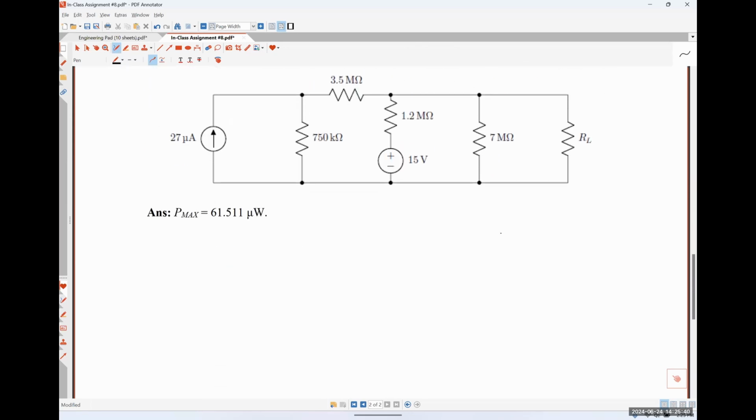So let's perform a source transformation on the practical current source on the left. So effectively, how I like to think about this, I'm going to draw a set of terminals here in red. Okay. So I'm going to draw everything to the right of those red terminals.